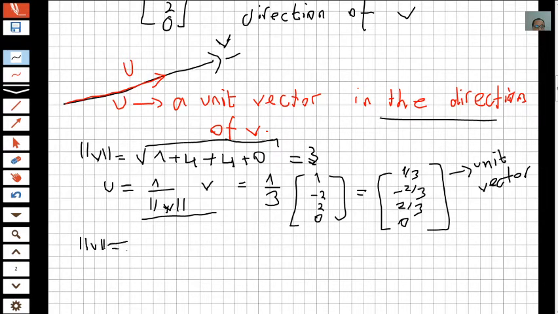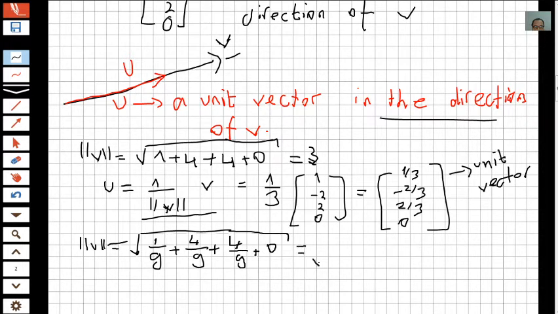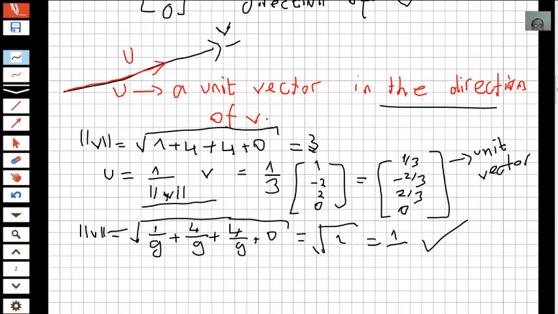So this is equal to, from the definition, the square root of 1 over 9 plus 4 over 9 plus 4 over 9 plus 0. From here we obtain 9 over 9, which is 1, so it is equal to 1, which means that it is a unit vector in the direction of v. Therefore, to find a unit vector in the direction of some vector, we use this formula, 1 over the norm times the vector itself.